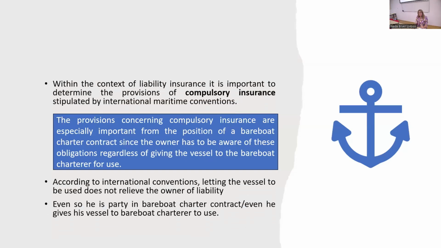So in the context of liability, it is also important to determine the provisions of compulsory insurance stipulated by a few international maritime conventions.